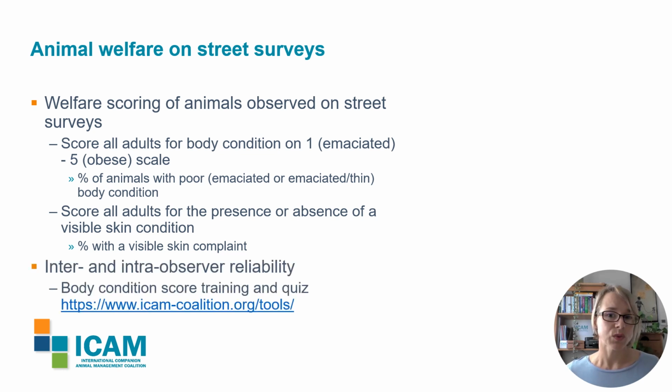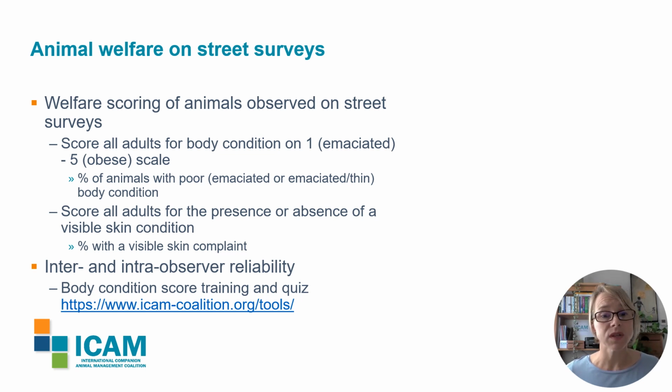With these welfare scores, it really matters that you have good inter-observer reliability. That means all your observers score the animals in the same way, and also good intra-observer reliability, which means that the same observer scores in the same way over time. And to achieve that, you need to invest in observer training and refresher training.